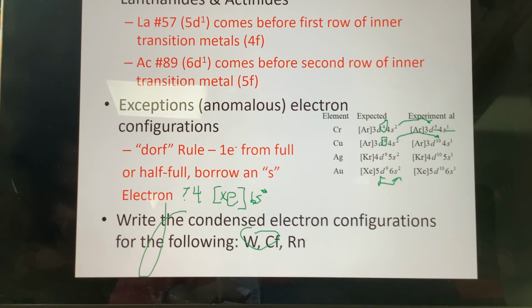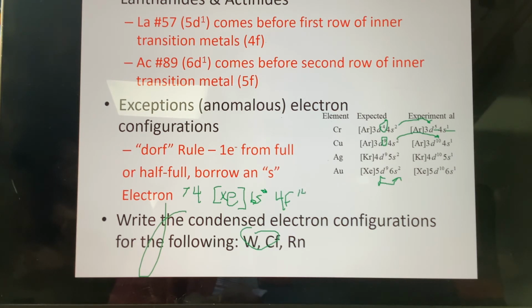Now, tungsten's number 74. So after 6s2, we have lanthanum, but we're going to come back to the d's anyway, so we don't need to separate out lanthanum in this case. We can just skip that and come back to it. We can go right to 4f14 for all of that first row of the inner transition metals, because again, tungsten is number 74.